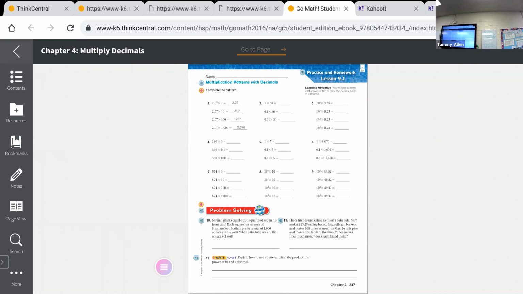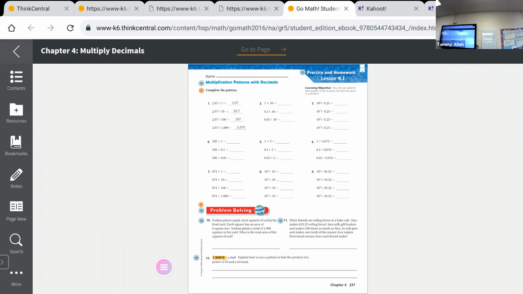Number 6, 9,670, 967, 96 7/10. Number 7, 874, 8,740, 87,400, 874,000.